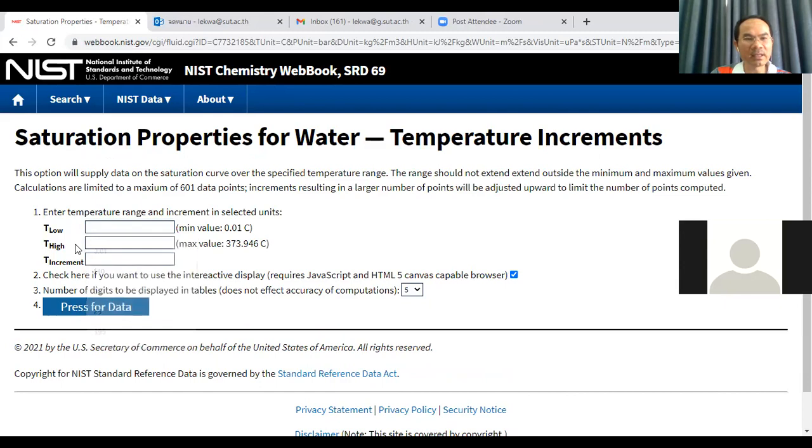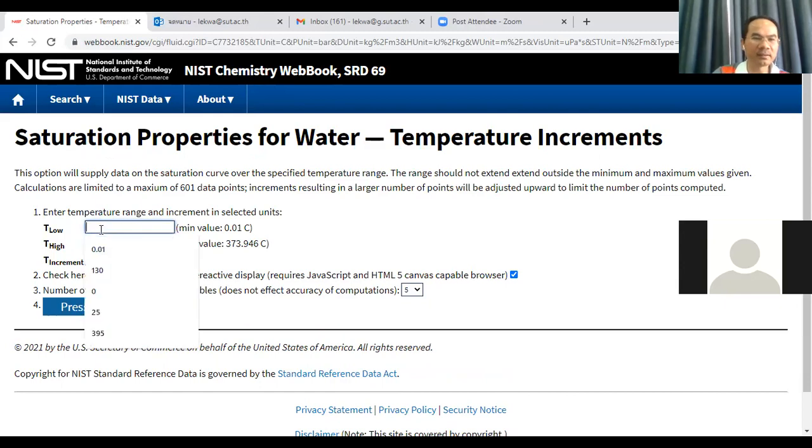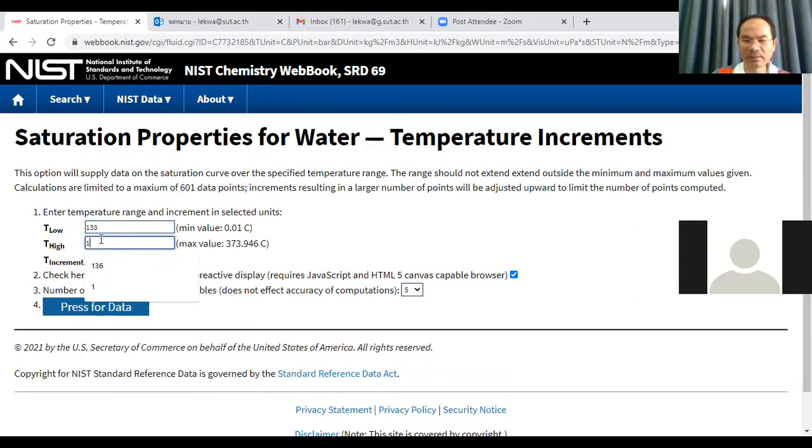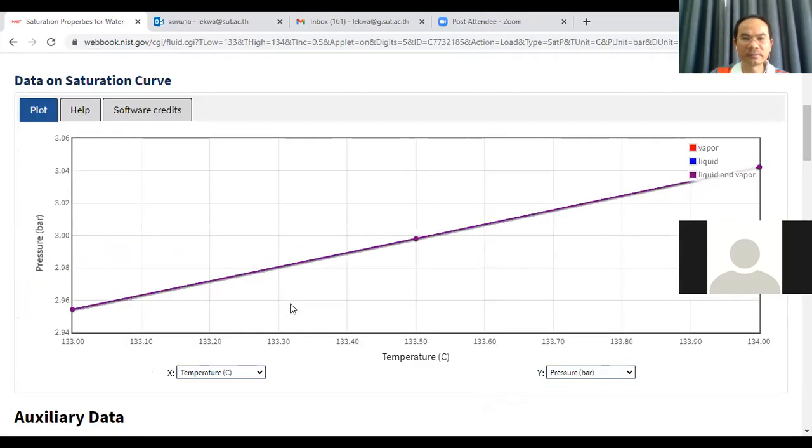We calculate at temperature 133.5. Okay. This shows you the temperature and pressure. Right, the pressure is 2.99 bar. It's about 3 bar. That's right.